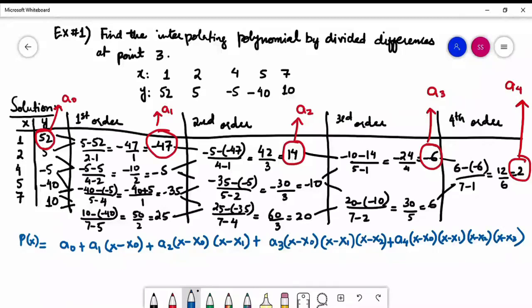So the first step is that you have to replace this a0, and that is okay.